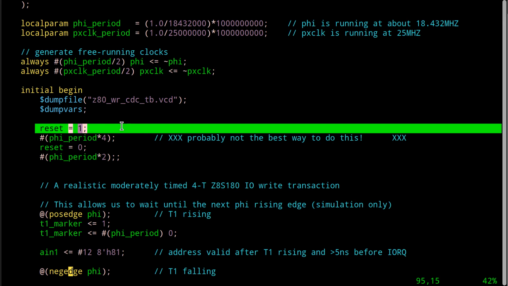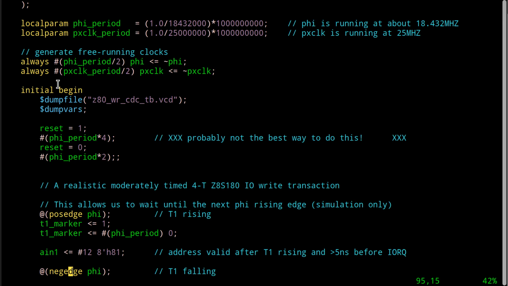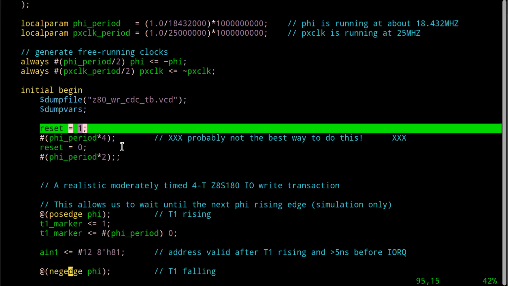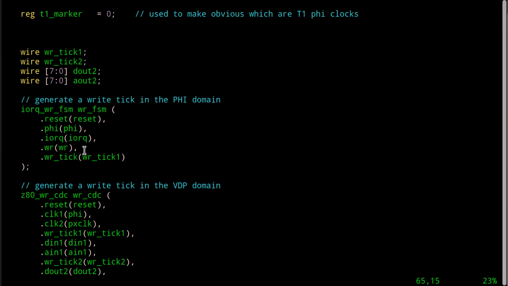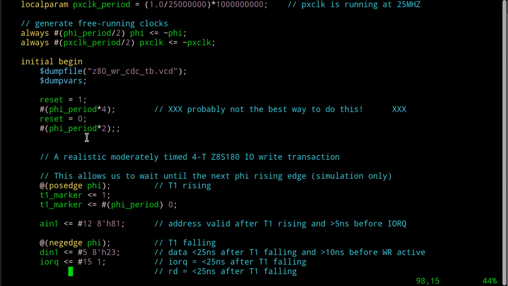Okay, but if it doesn't do that, then some other initial block or an always block here or in some other module could fire up and reset might have unknown, or it'll have whatever it says up here, which is actually 0. Okay, it could have anything in it. Who knows?